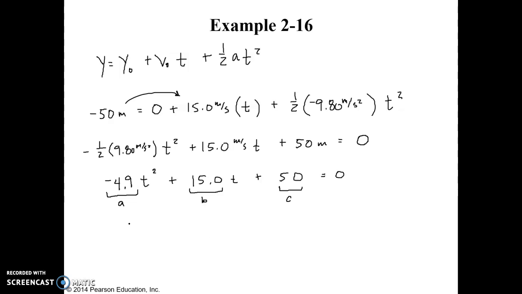So our solution here is that t equals 5.07 seconds. Yeah, so the negative answer wouldn't make sense in this context. It's got to be the positive. And that's it. That's how long it takes for the ball to reach the bottom of the canyon.